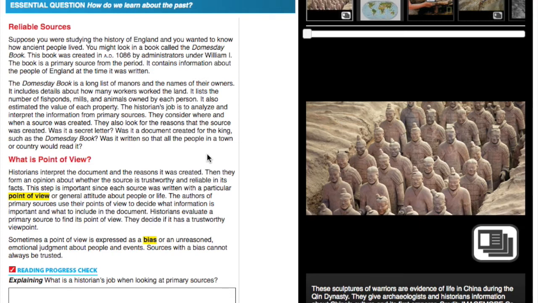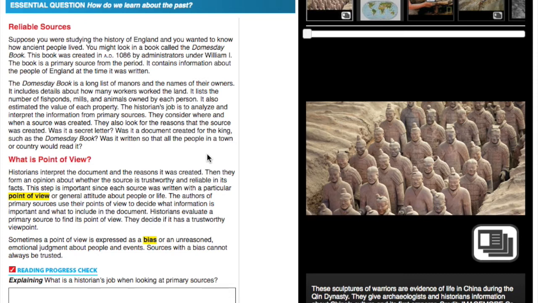It contains information about the people of England at the time it was written. The Domesday Book is a long list of manors, those are like castles, and the names of their owners. It includes details about how many workers work the land. It lists the number of fish ponds, mills, and animals owned by each person. It also estimated the value of each property.